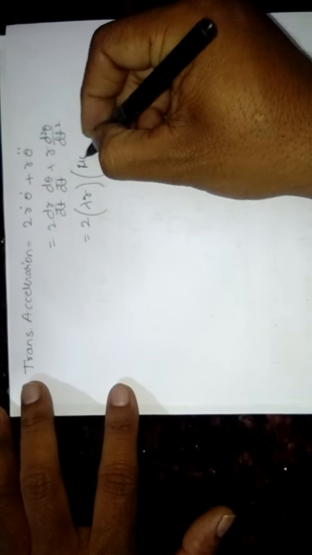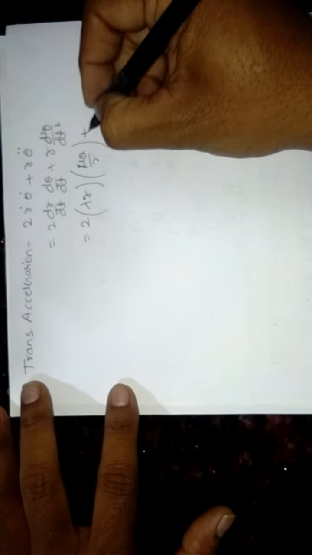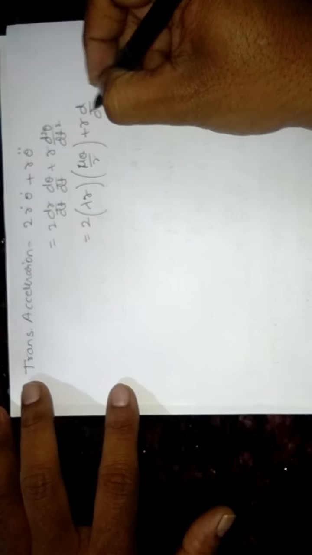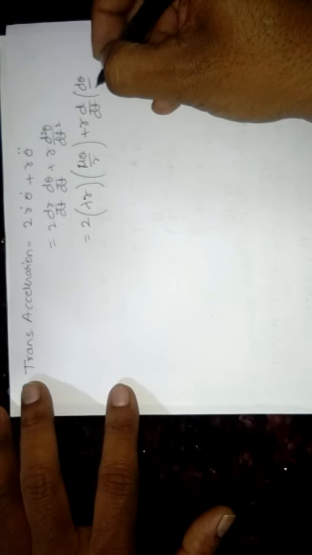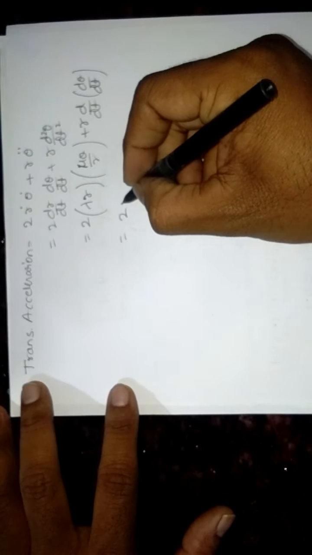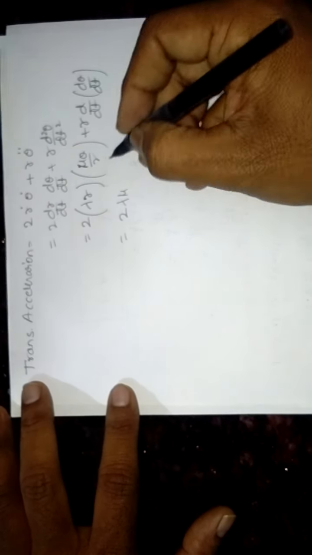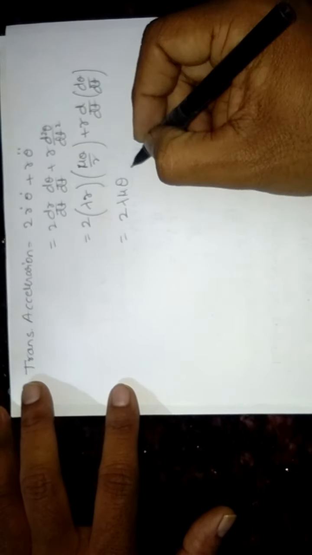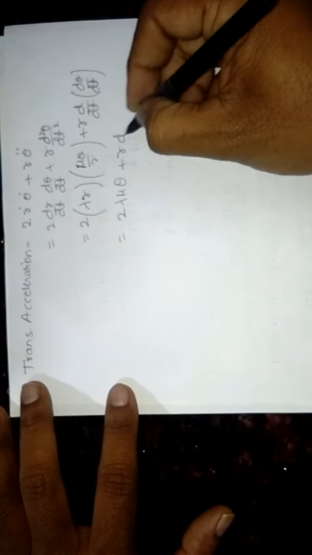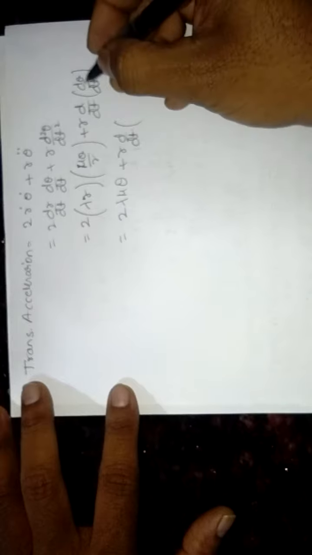dt, that is mu theta by r, plus r into, this can be written as d by dt of d theta by dt. So that is 2 lambda mu r, r gets cancelled, 2 lambda mu theta plus r into d by dt of d theta by dt.